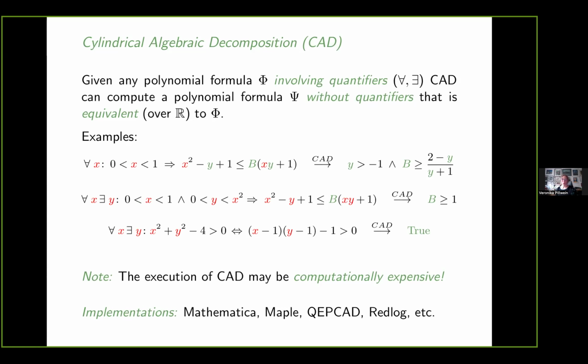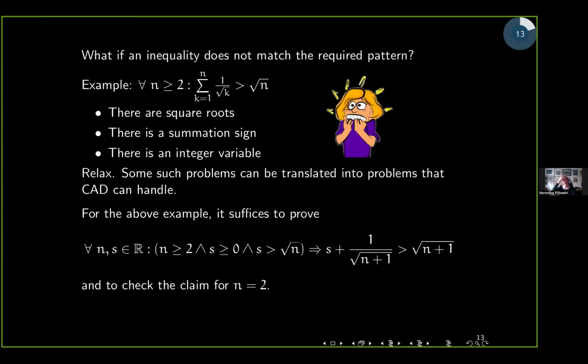Okay, so this works for polynomial input, but not for sequences of polynomials, so not for the type of input that we look at, P-recursive sequences. So I want to borrow a slide of Manuel Kauers. What if an inequality does not match the required pattern? As he says, relax, don't panic.